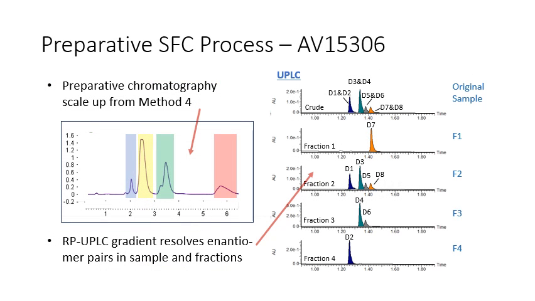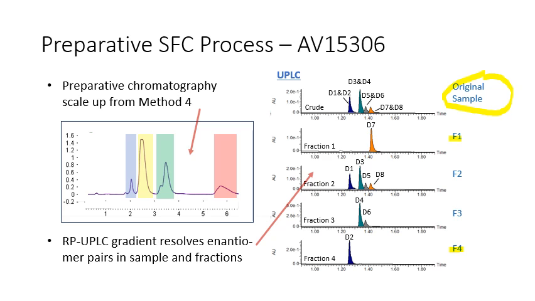And when we scale to preparative chromatography with method 4, we end up with 4 fractions. And again, using the original sample's UPLC results here, which assign unique retention times to these pairs of enantiomers, we've assigned them arbitrary names now, D1 and D2 and D7 and D8, which represent diastereomer 1, 2, 3, 4, etc. But when we look at the fractions that we collect here, we can see immediately that fraction 1 and 4 are complete.